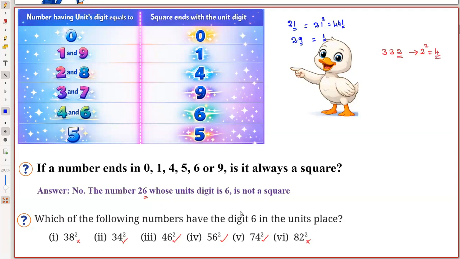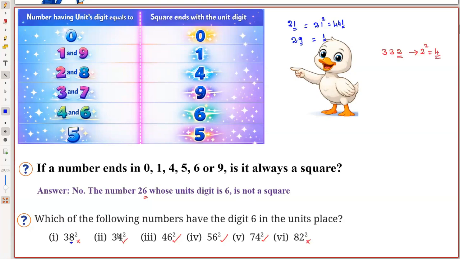The following numbers have the digit 6 in the unit place. Which number has digit 6 in the unit place while taking the square? 38 square means 38 into 38, we need not multiply. 8 squared, 8 eights are 64, ending with 4.